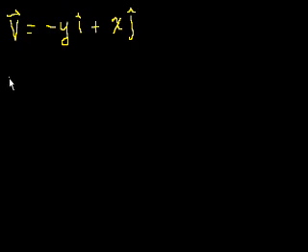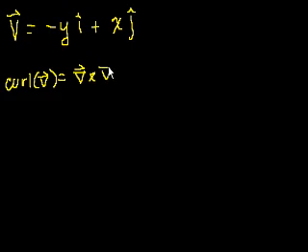So the curl of v is equal to our del vector operator cross v, which is nothing but this. And even though this looks like a two-dimensional vector field, we actually have to take the cross product in 3 dimensions, because curl is just like torque.